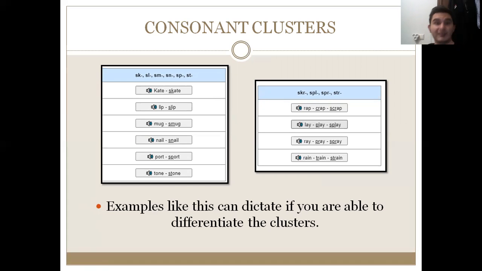So, Kate, skate, lip, slip, mug, smug, nail, snail, port, sport, tone, stone, rap, crap, scrap, lay, play, splay, ray, pray, spray, rain, train, strain. So, as you can see, for someone who is not a native speaker, differentiating these pronunciations can really be hard.